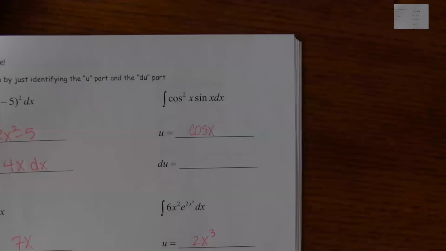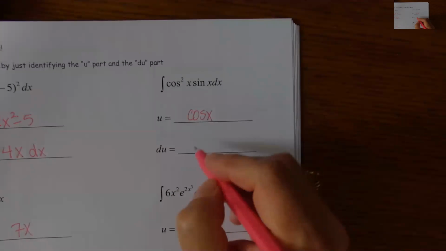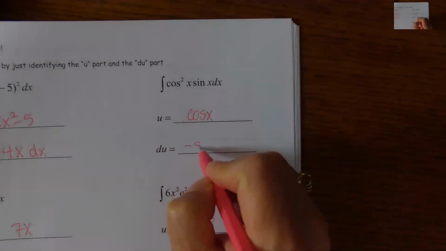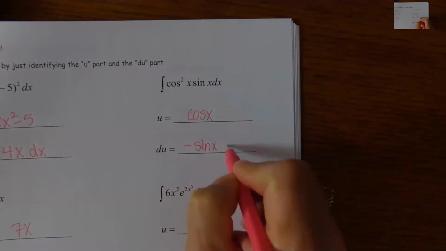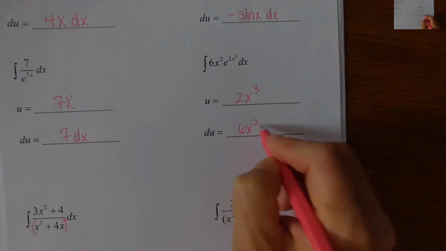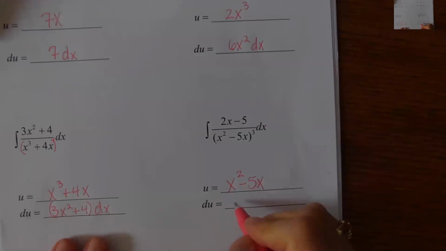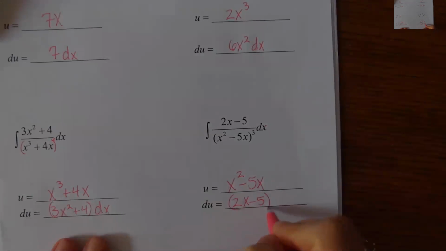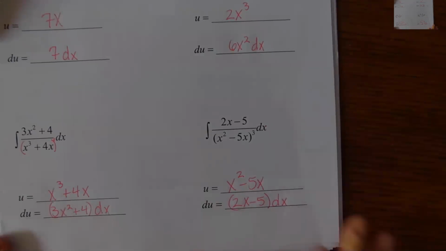Okay, what's the derivative here? Derivative of cosine? Derivative here? Derivative here? And if there's a minus, we need parentheses, dx.